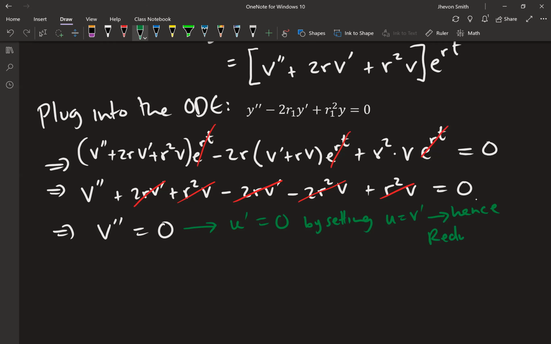Now, in this case, it's not completely necessary because you can just see right off the bat, you're just going to integrate twice. But in general, you're going to get to a stage here where a lot of these guys are going to cancel out. This will bring you into the situation that we had in section 2.9, where you're only going to have a y double prime and potentially a y prime. They're going to be one derivative away from each other. So by doing this substitution, you can reduce it to a first order, right?